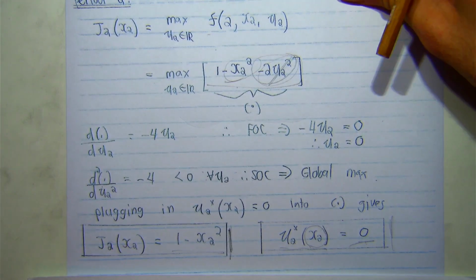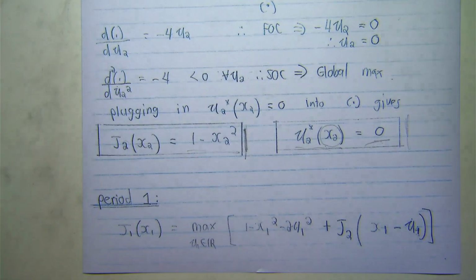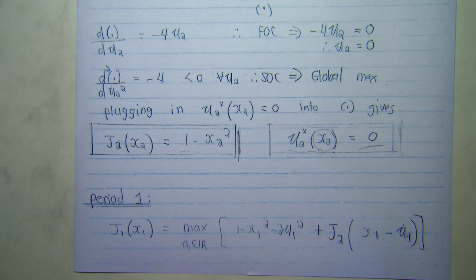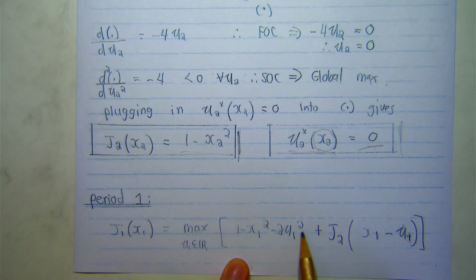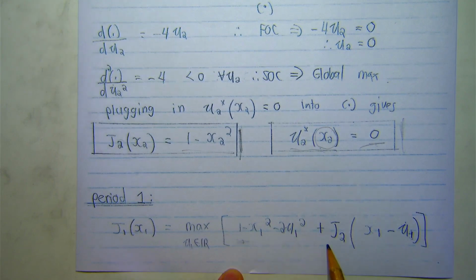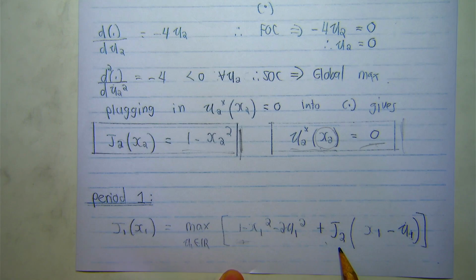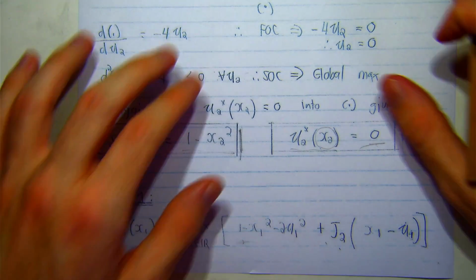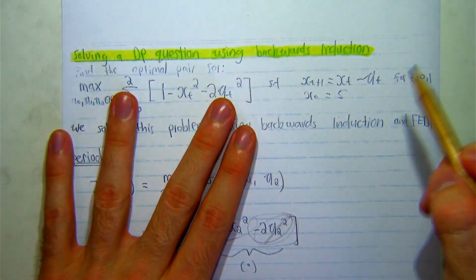Okay, and now we work backwards. So we go to period 1, and period 1, using our fundamental equations of dynamic programming, is maximizing our smaller objective function, our f function evaluated at time 1 plus j2, and then j2 is going to be based off x2, and x2 is determined by this.